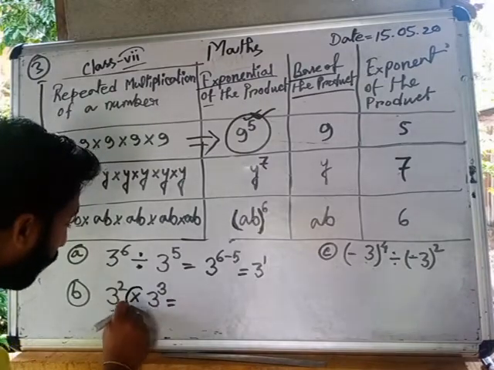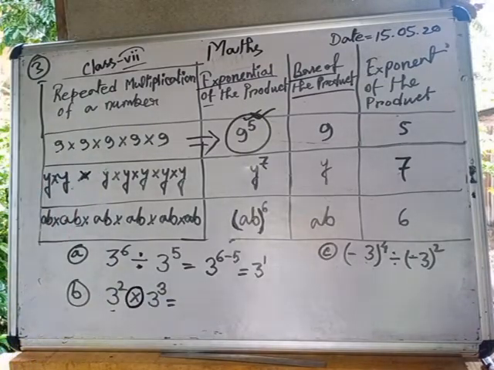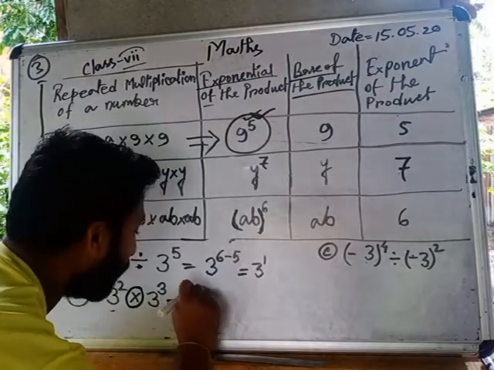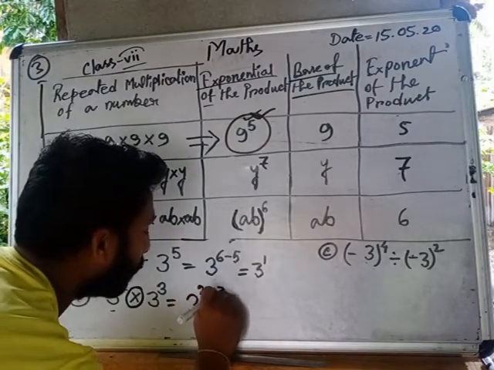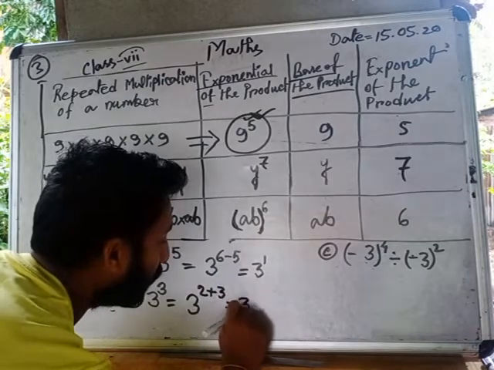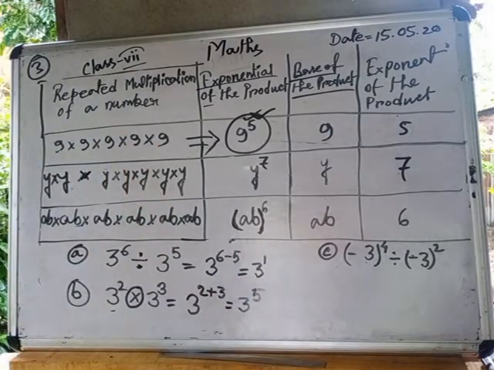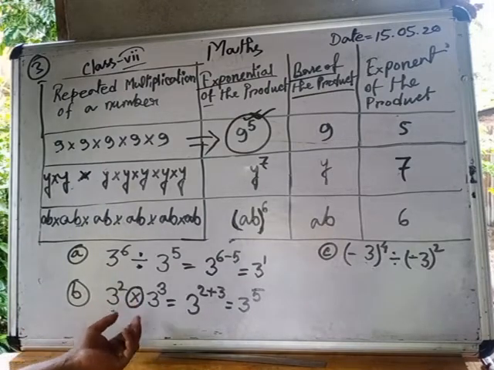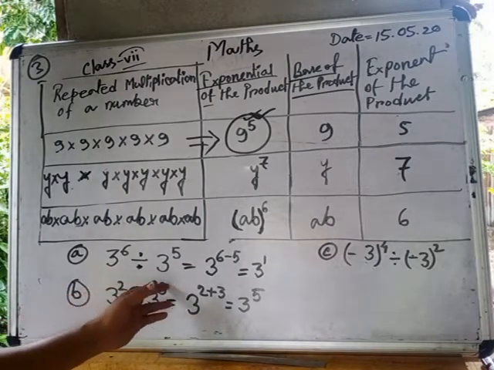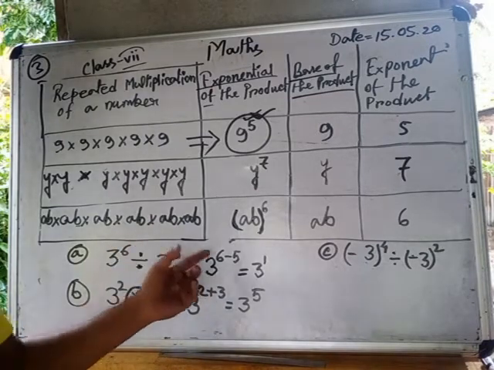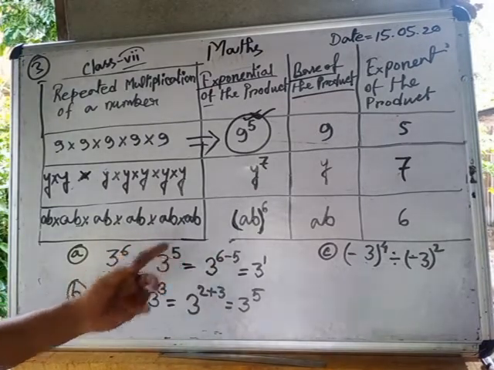If we multiply exponential forms of the same number, we should add the exponents, like 3 to the power 5. When it is multiplication we add the exponent numbers, and when it is division we subtract the exponent numbers.